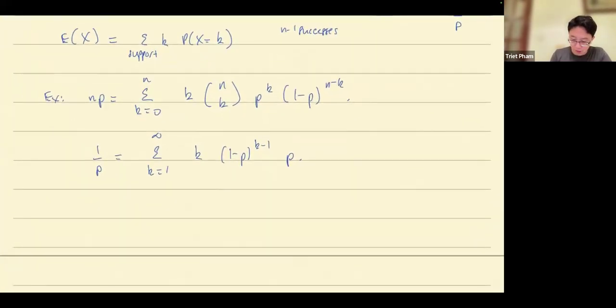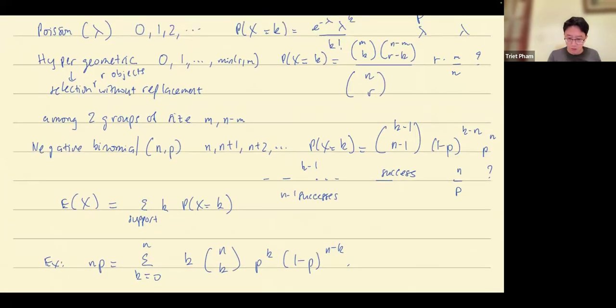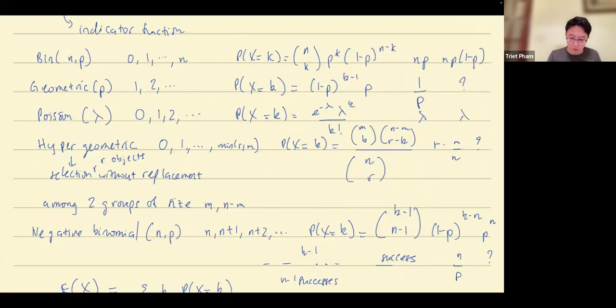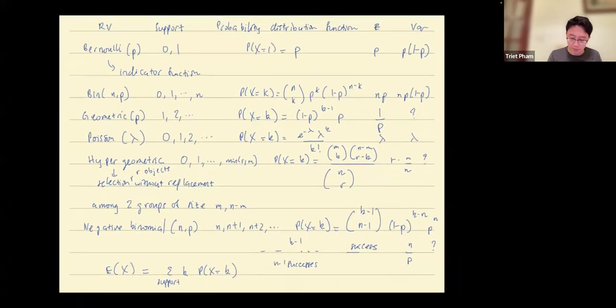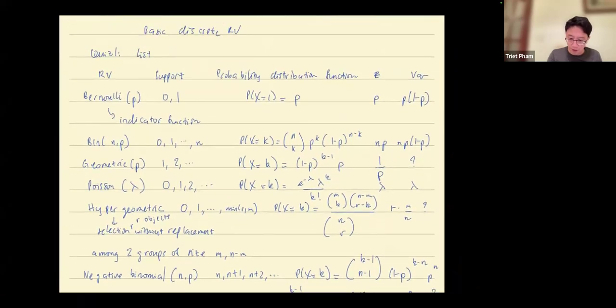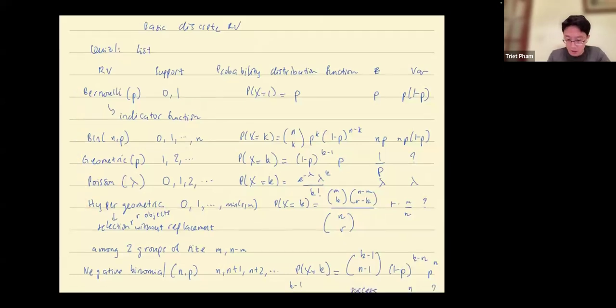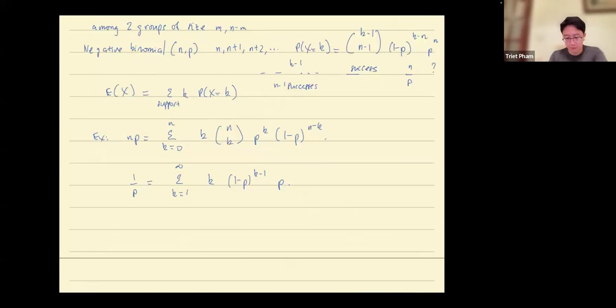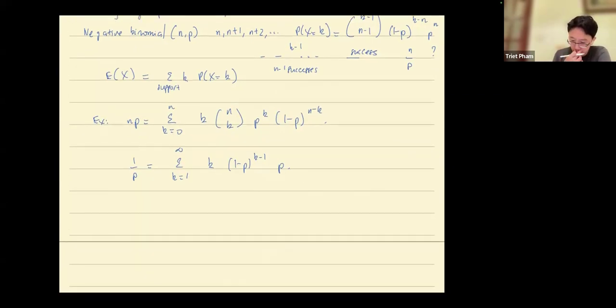So maybe the next thing to do is to mention the relationship among these random variables and, along the way, review certain probability concepts that will be relevant. So we mentioned expectation of a discrete random variable.